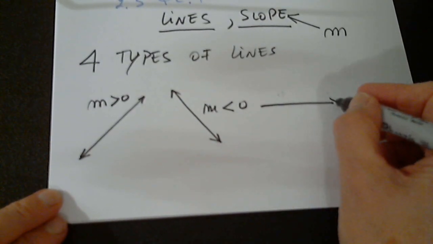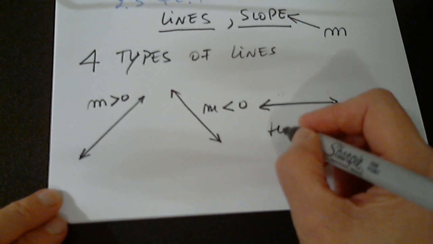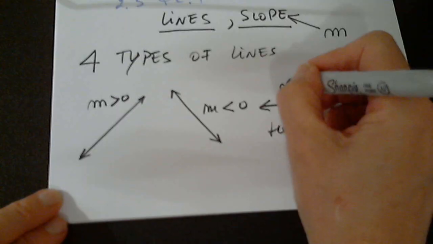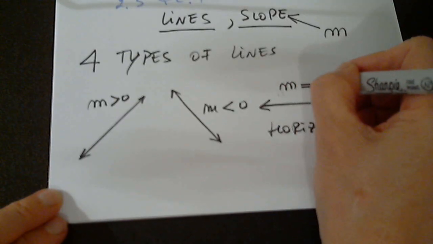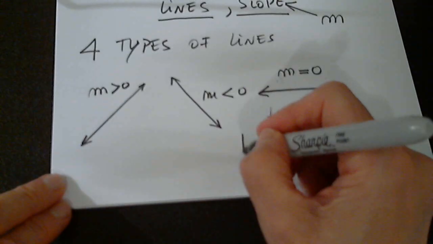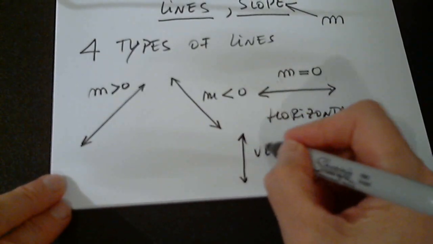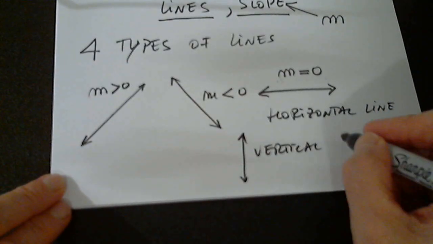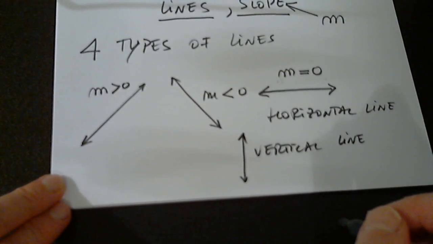Here's a third line, which is horizontal, which is very, very easy to walk on, right? The slope is 0. And there is the last one, which is vertical. Horizontal line, vertical line.